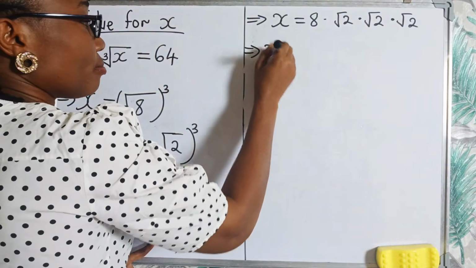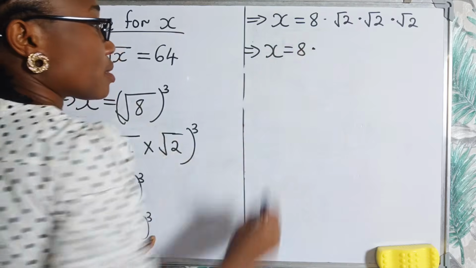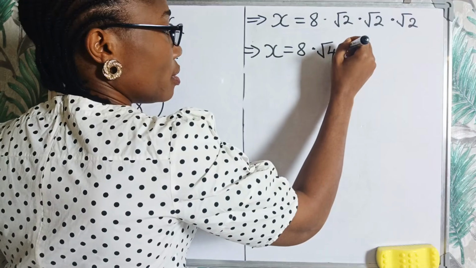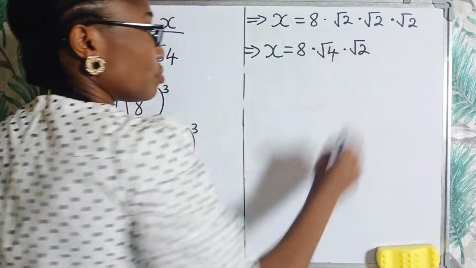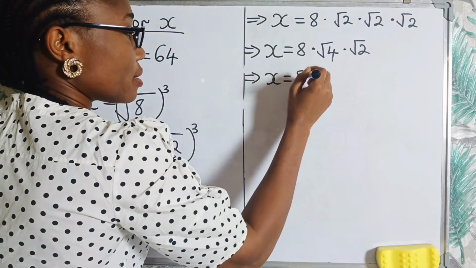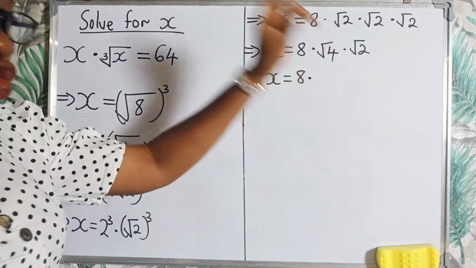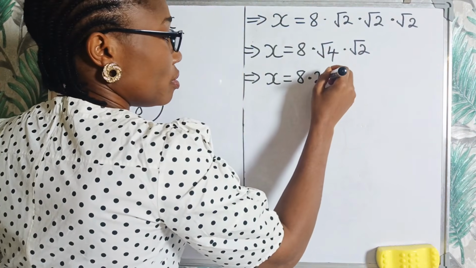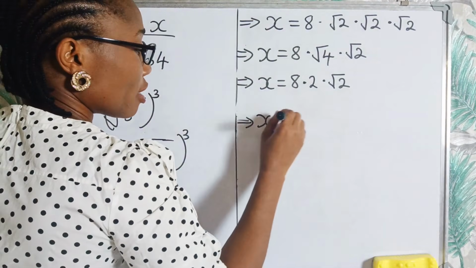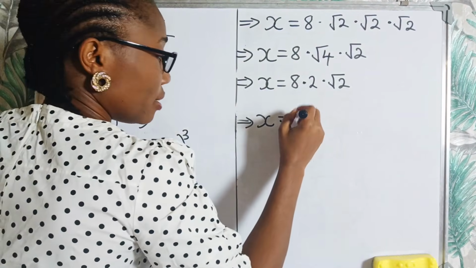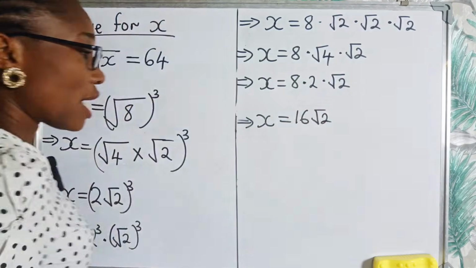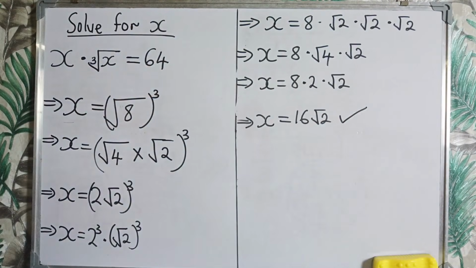So our x is now equal to 8 times root 2 times root 2, which is root 4, times root 2. So x is now equal to 8 times, the square root of 4 is 2, 8 times 2 times the square root of 2. So x is equal to 8 times 2 is 16, 16 root 2. And this is our final answer.